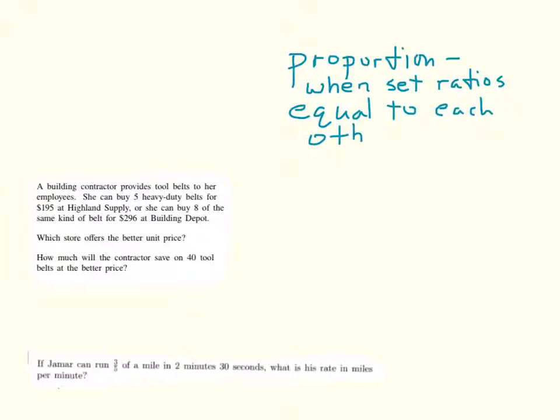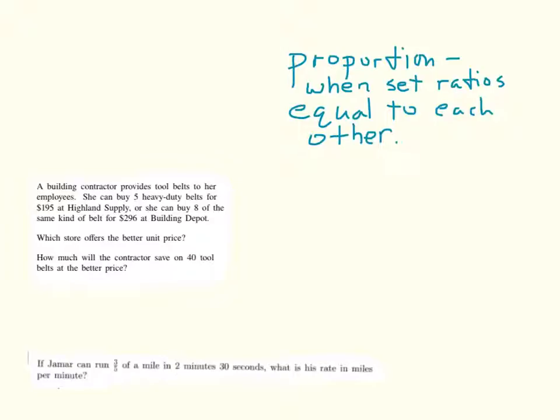And there would really be no point to setting two ratios equal to each other unless one of the four pieces of information was missing. So we're going to use it to solve for an unknown, and we know 3 out of 4 pieces of two ratios that are in an equivalent relationship.